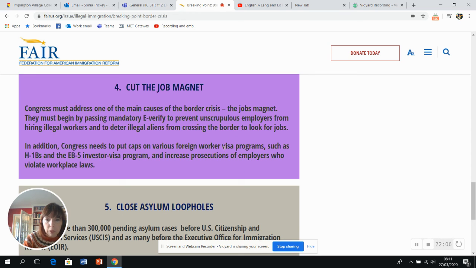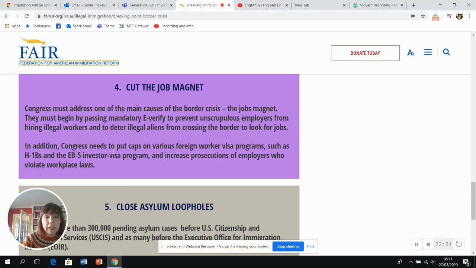Here we have words like visa and E-Verify, and we have these terms which lend the text authority, make it sound like they know what they're talking about, that they have a knowledge of visa programs, and any kind of facts and statistics that you read and you're not entirely sure what they mean. You could assume that most people won't.